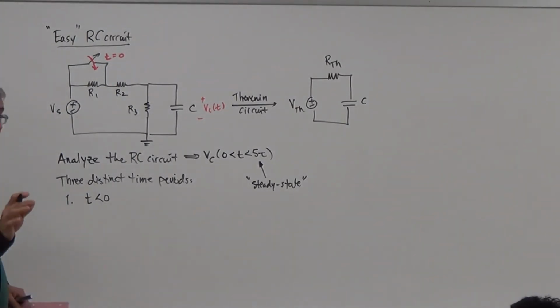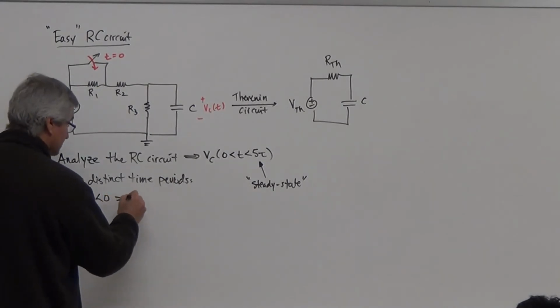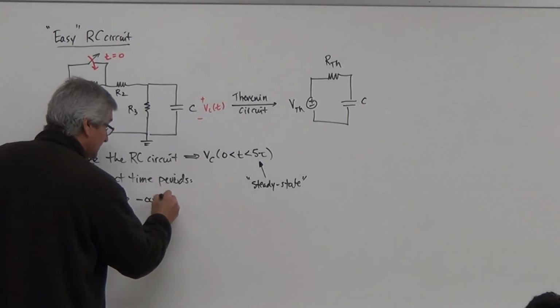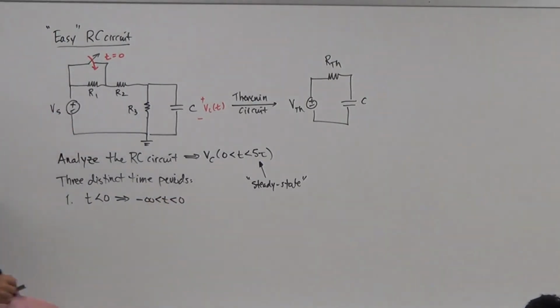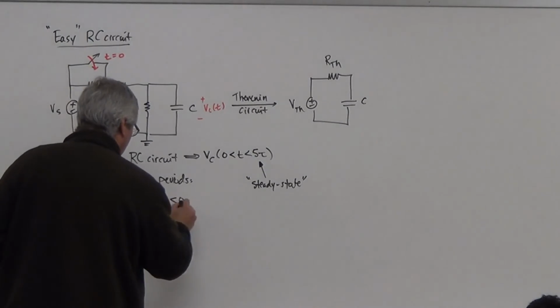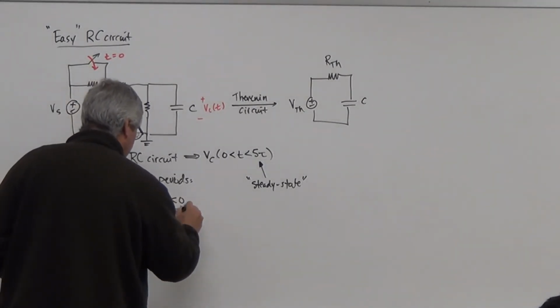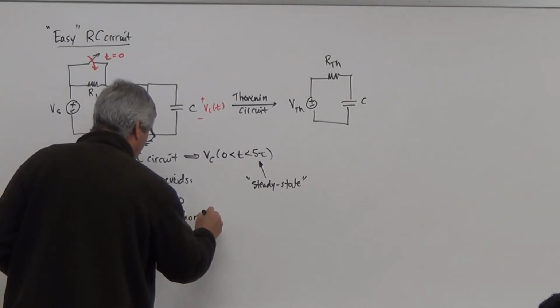What I really mean by this is minus infinity less than t less than 0. That means that the capacitor has had plenty of time to completely charge up. So this implies that the cap fully charges up.